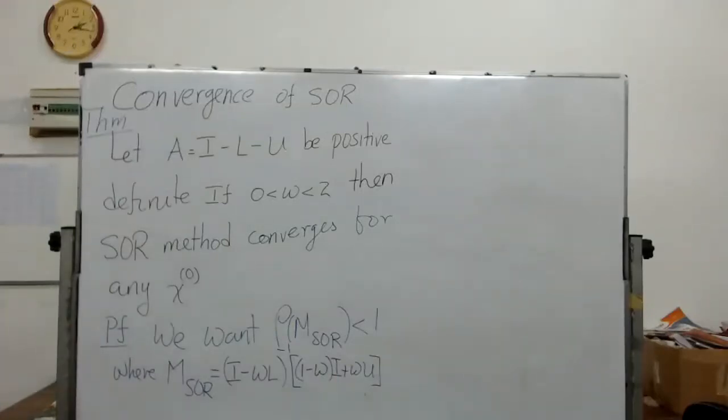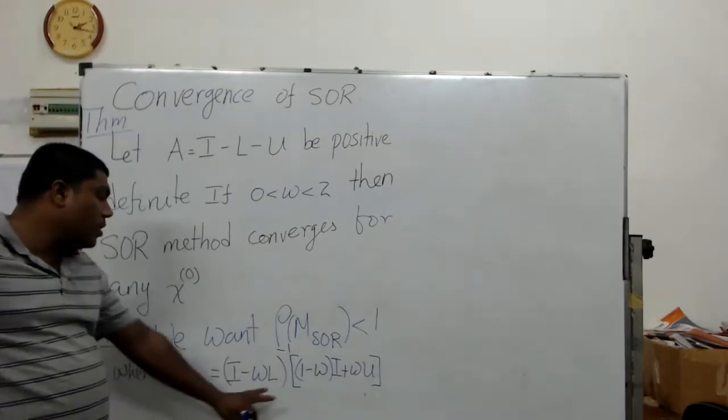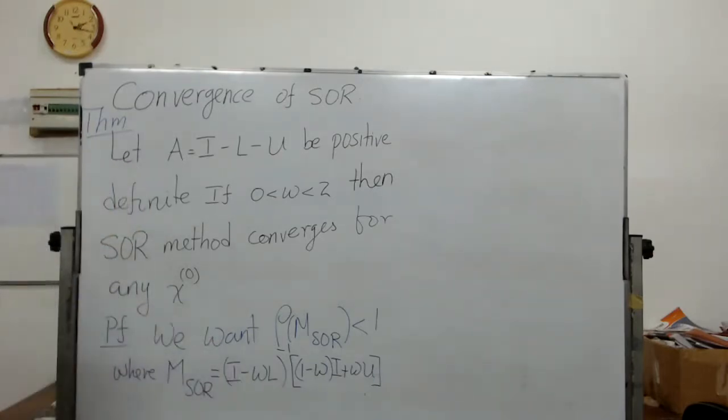We want to prove the spectral radius of the iteration matrix is strictly less than 1. In particular, we want to show that the spectral radius of (I minus omega L) inverse times the rest is strictly less than 1. So that is what we want to show.